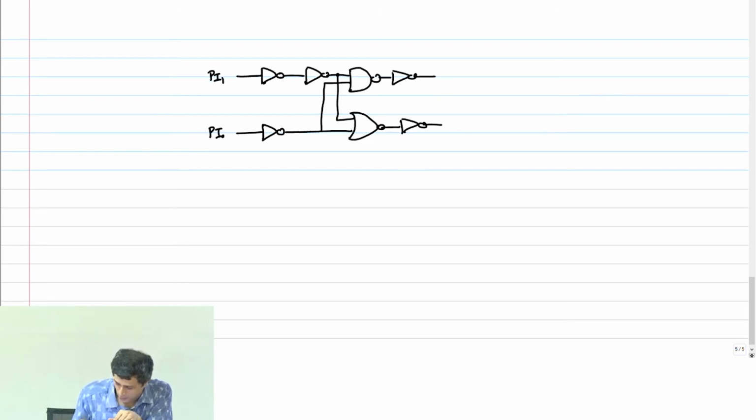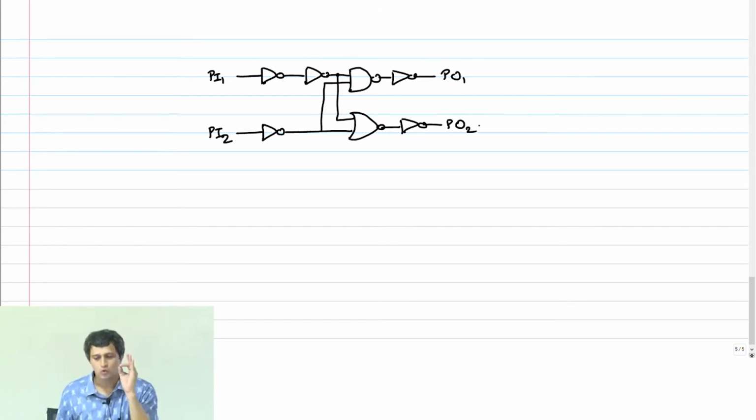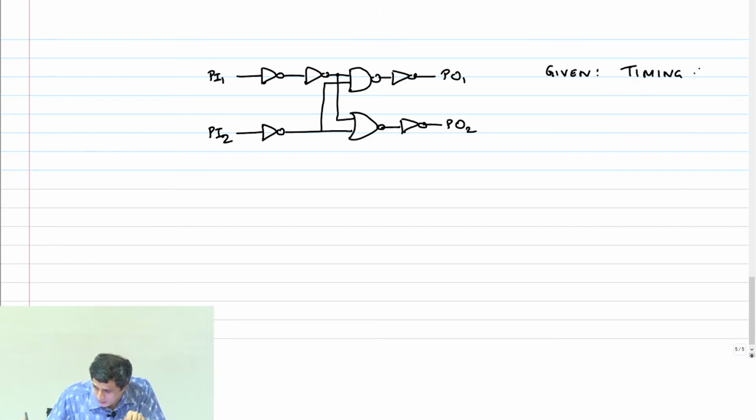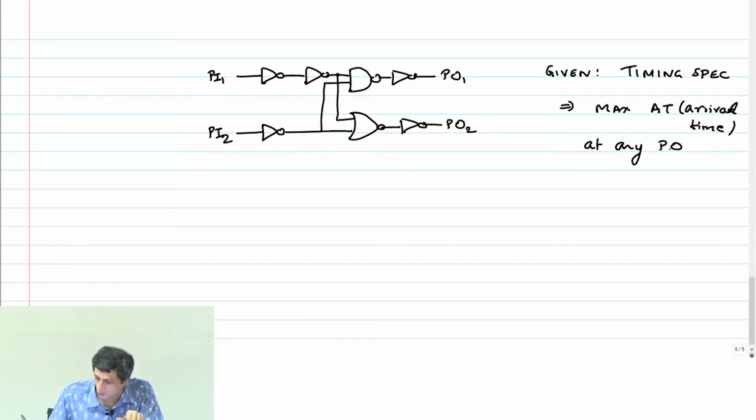PI1, PI2, PO1, PO2. You are now given a timing spec. Which means that the maximum arrival time, max AT, I'm going to call this arrival time, AT at any primary output should be less than or equal to T spec.